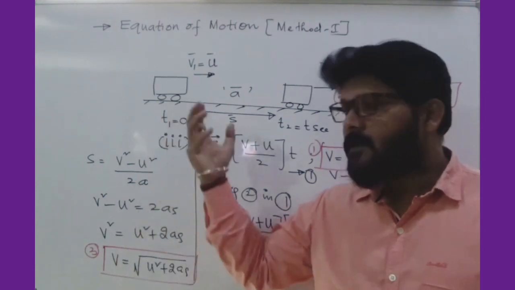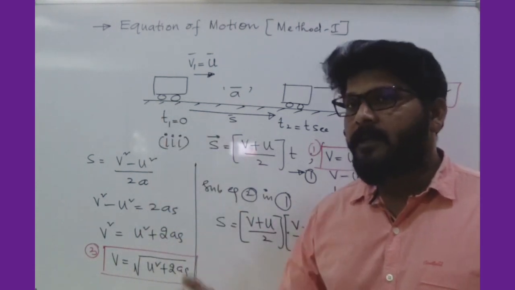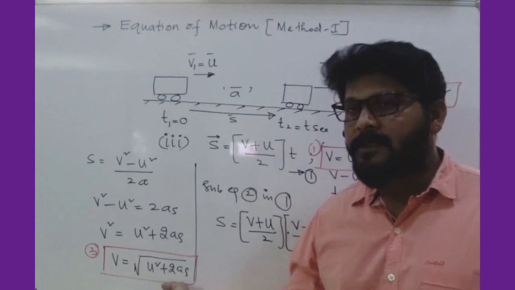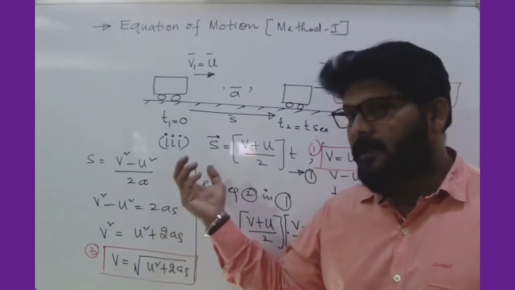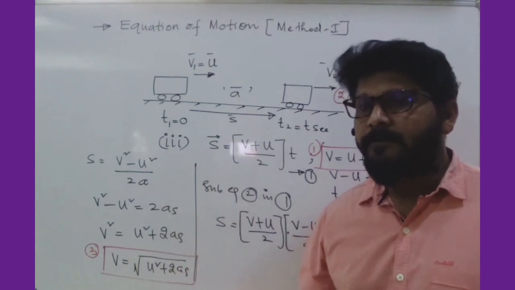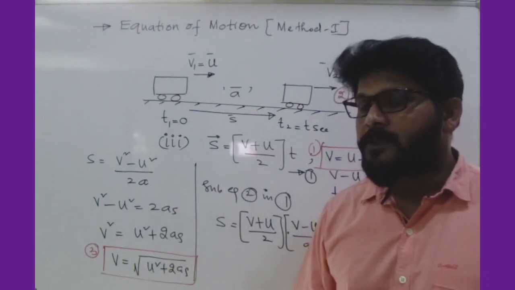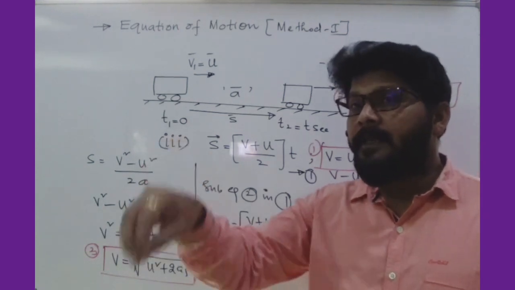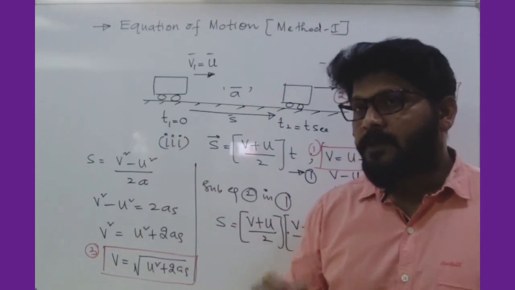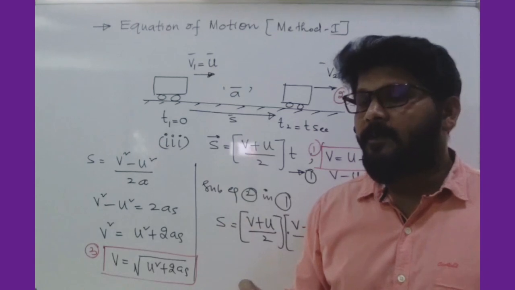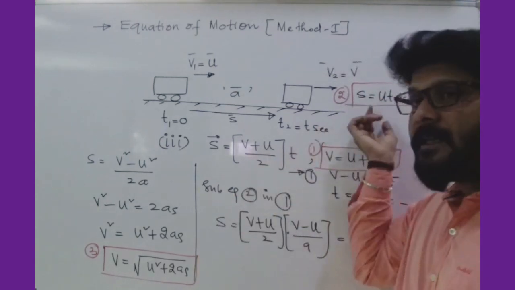I think these derivations you might have learned in your lower classes, right? If it is done till here, if you have any doubts, let me know. Then we'll proceed to the fourth equation, distance travelled in nth second. One should have a very clear idea of what distance travelled in t seconds is.